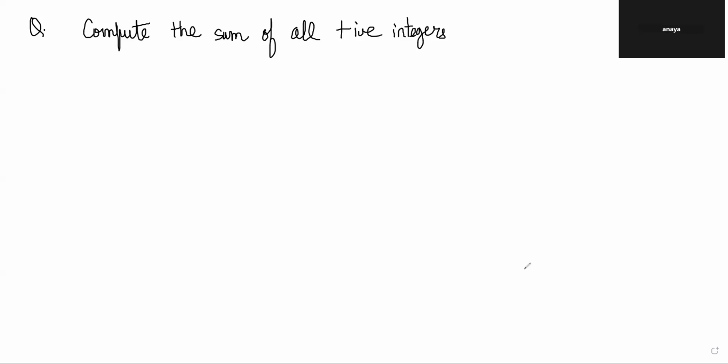Question is, compute the sum of all positive integers whose positive divisors sum to 186.